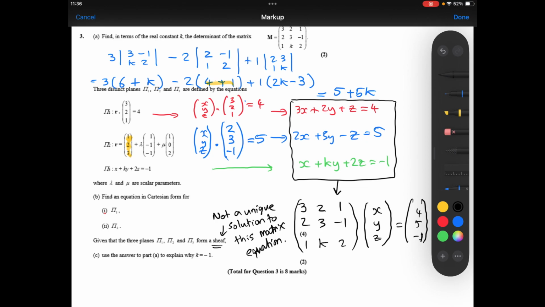So if there's not a unique solution to this matrix equation, that means the inverse matrix does not exist. It is singular.